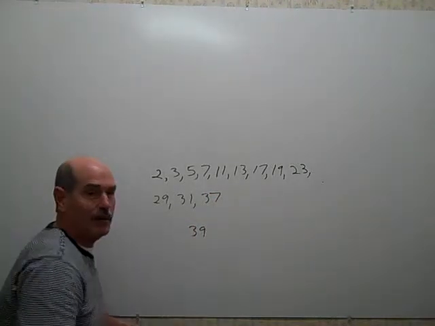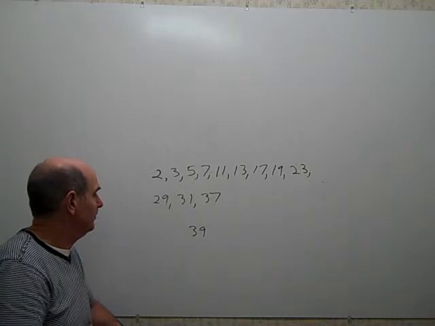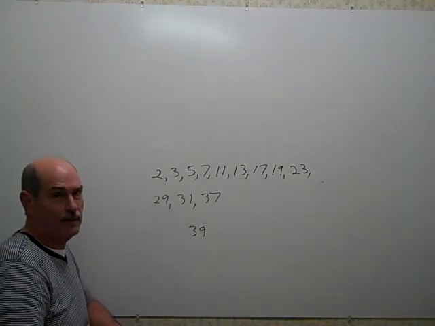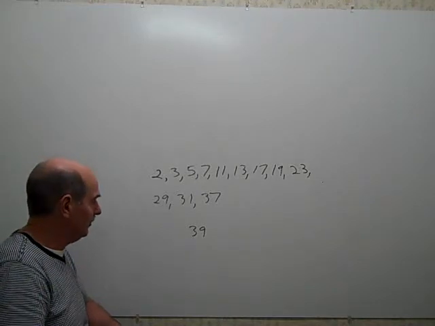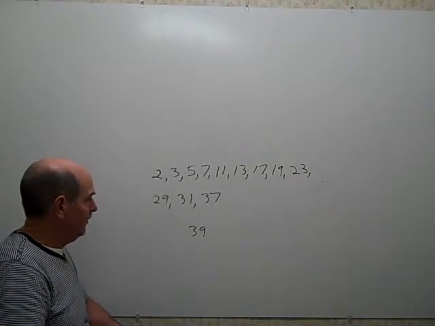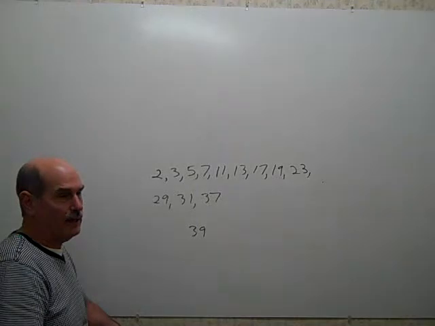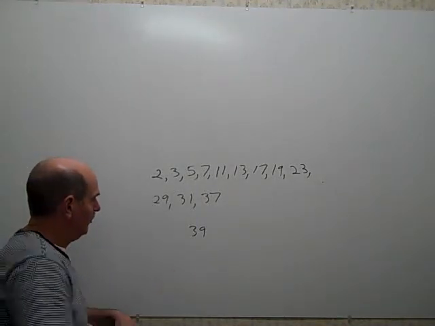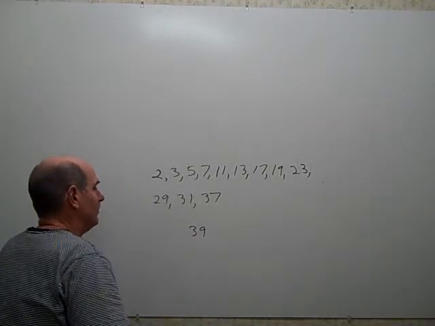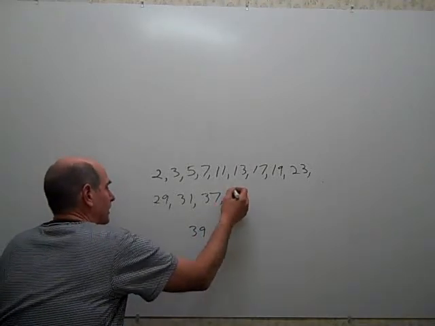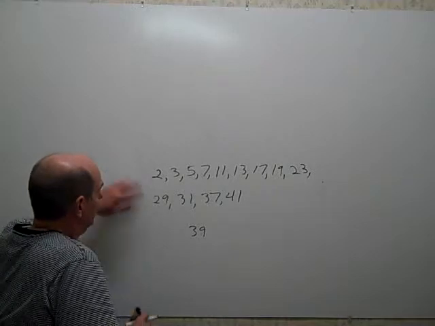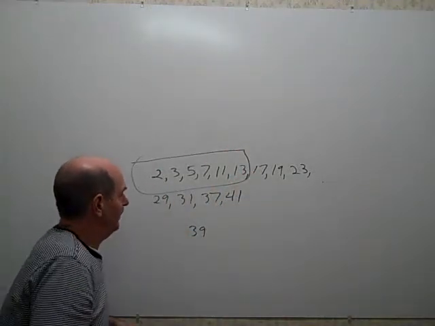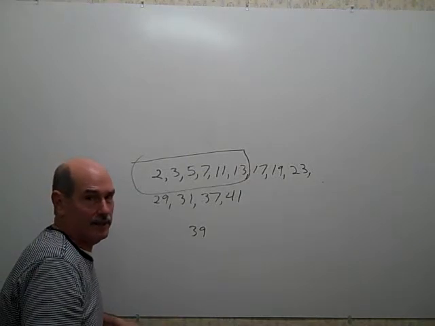If you think about why it's not, what goes into 39? It's not even, so 2 doesn't work. Does it end in 0 or 5? So 5 or 10 don't work. The digits add up to 12, so 9 doesn't go into 12, so 9 doesn't work, but 3 works. 3 goes into 12, so 3 would go into 39. 39 is not prime. And the next one is 41. These are the ones that you're going to use most often, like up through here, probably. But you do have to be able to recognize what prime numbers are.